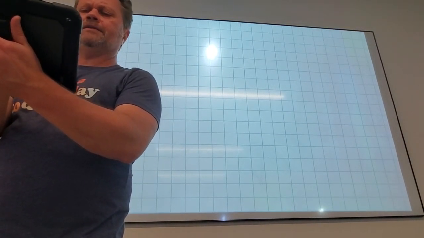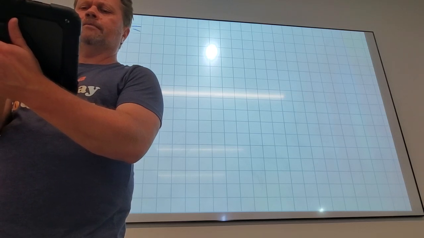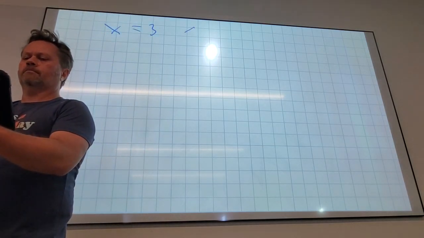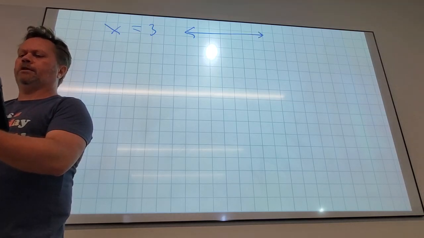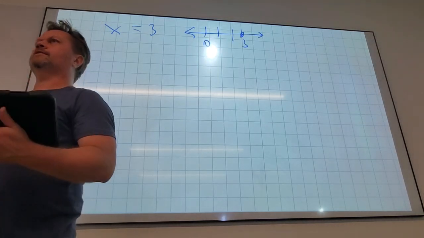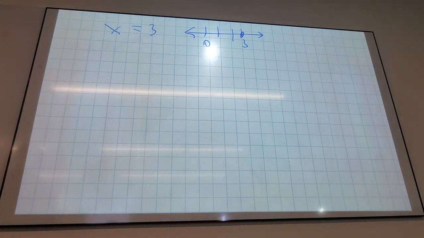If I have x equals 3, so in one dimension, that would just be the point 3. Now, what about if it's x plus 1 equals 3? Well, that would just be what? That would now be at 2.